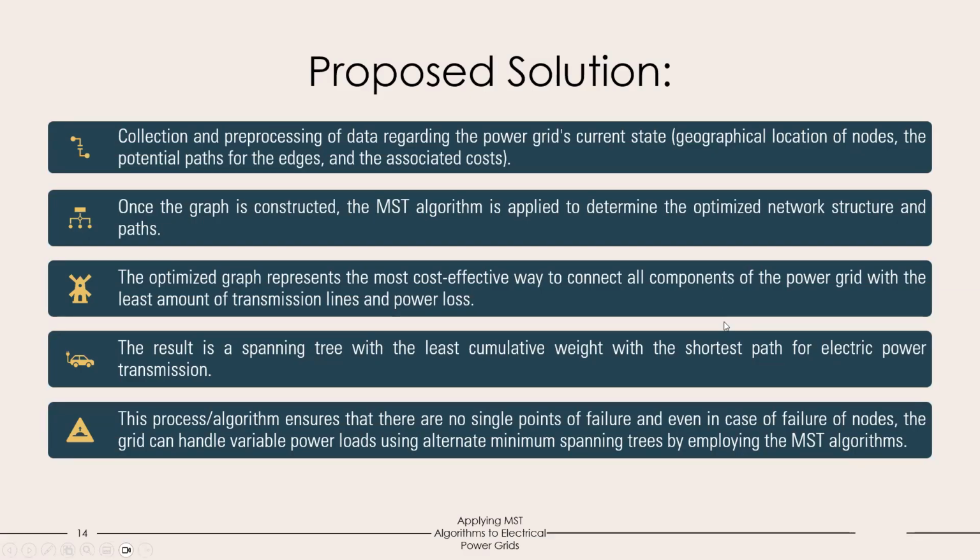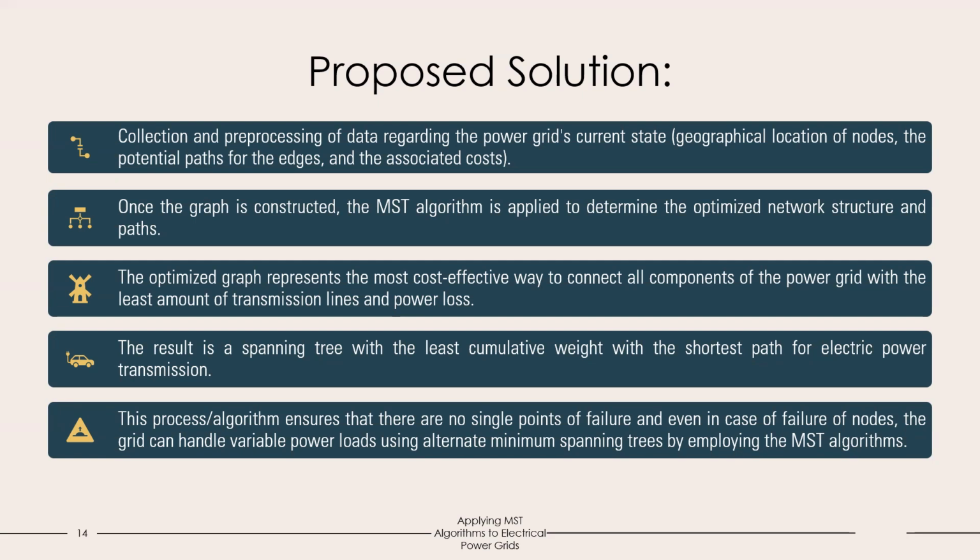So this is our proposed solution to apply MST to electrical power grids. In the first step, we collect data regarding the power grid's current state, where we collect data on the locations of the substations and the cost that is required to transmit power from one station to the other, or from one node to the other. Similarly, we collect all the data points and create a graph out of it.